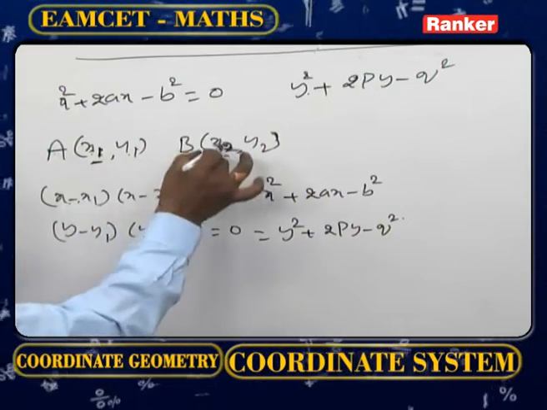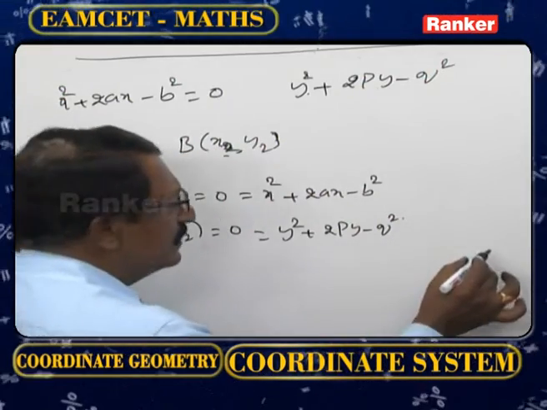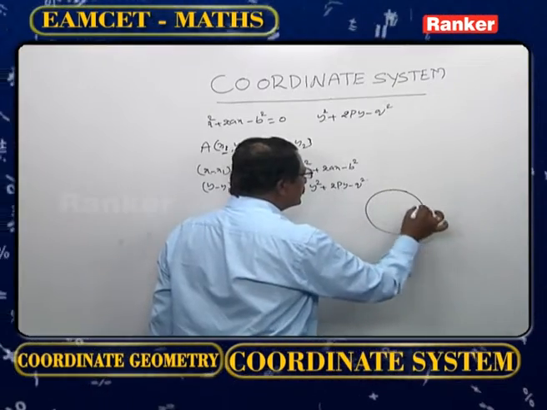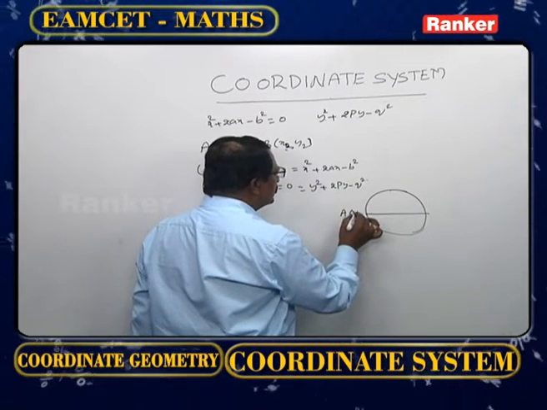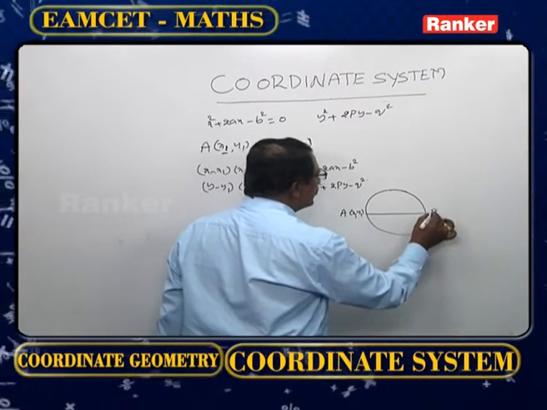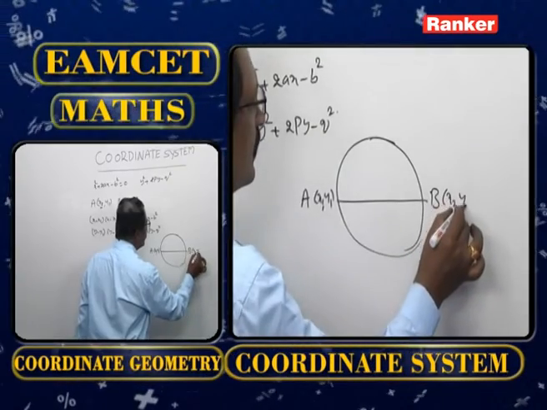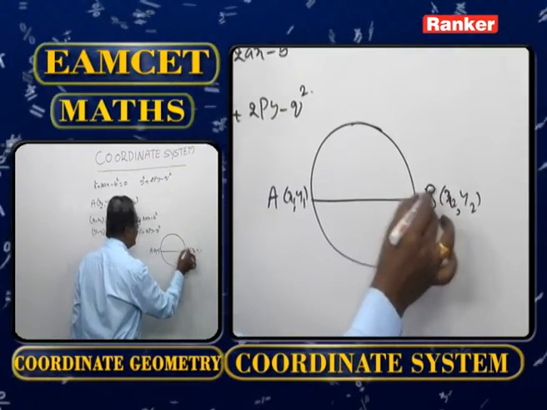Consider A(x1, y1) and B(x2, y2) are extremities of the diameter of a circle.